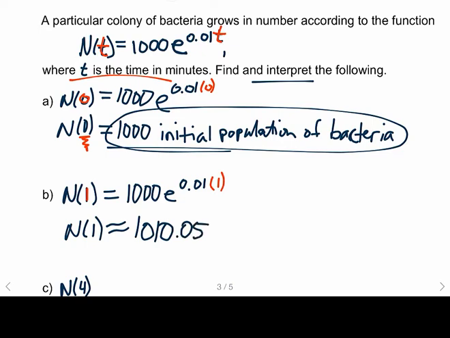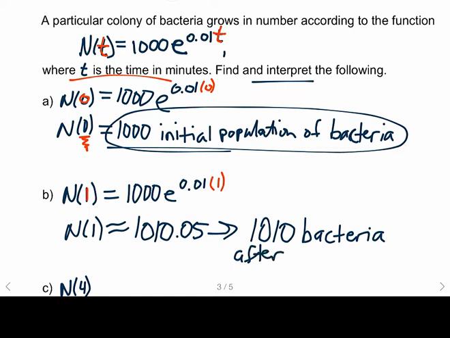Okay, you can't really have 0.05 of a bacteria. That'd be 1/20th of a bacterium. So I'm going to say this is 1010 bacteria. We're to interpret this, and so this is the number of bacteria after, now t is the time in minutes, and so after 1 minute.